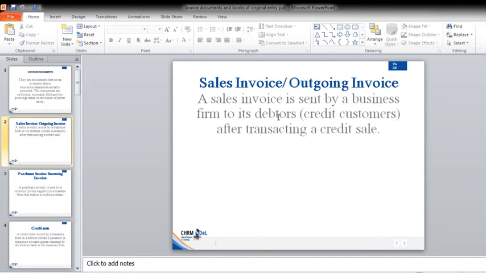So it is this particular debtor or credit customer who is receiving that invoice in the case of the sales invoice. And therefore, all the sales invoices that will be issued in a particular financial period can be totaled, and then the business can know the total amount of credit sales that were made in that particular period.